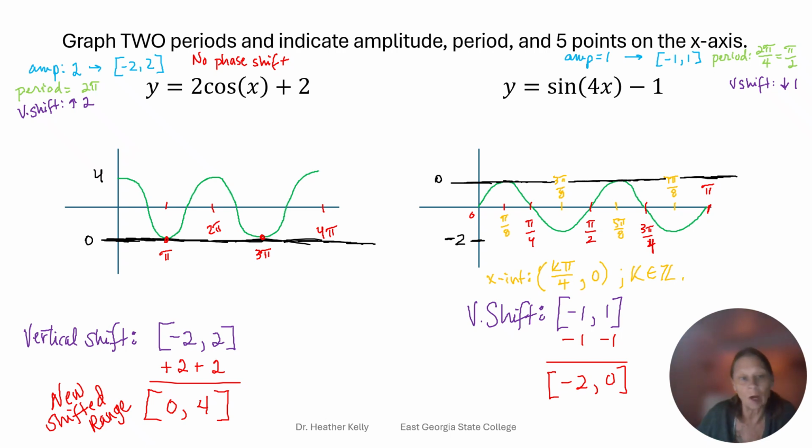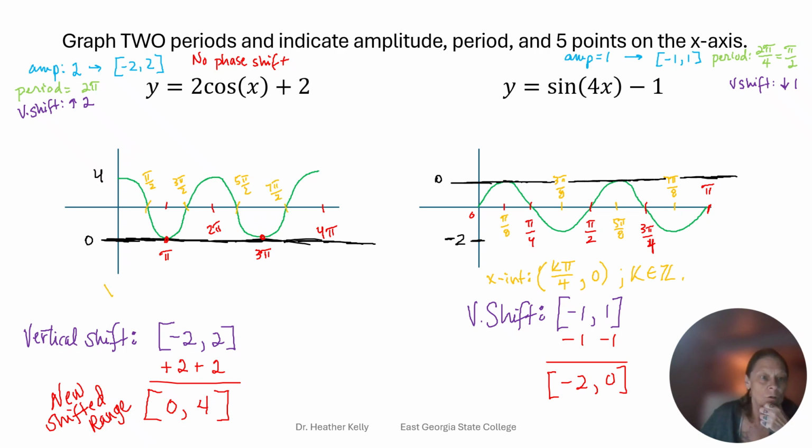And then we're just going to hop over here because I just didn't finish this one over here. I know I have 5 points technically, but let's go ahead and get those x-intercepts. So this guy is going to be pi over 2, 2 pi over 2, 3 pi over 2, 4 pi over 2, 5 pi over 2, 6 pi over 2, and then 7 pi over 2.